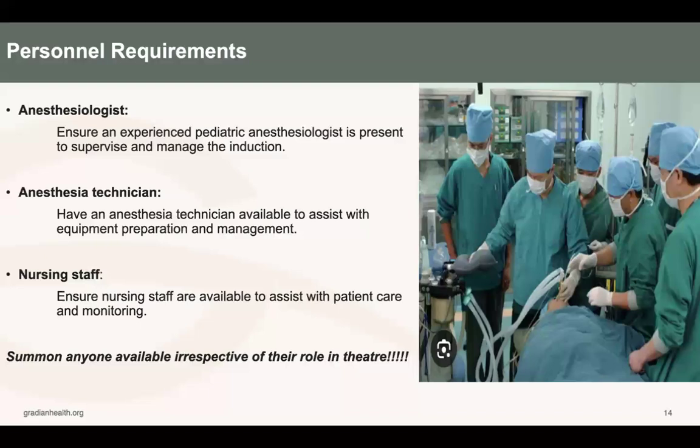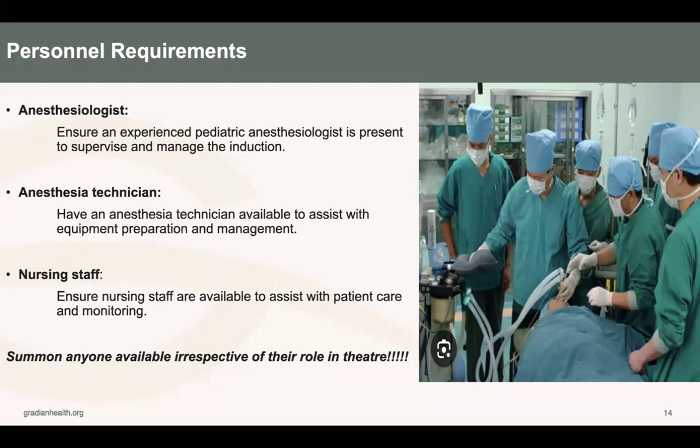Sometimes it's not that they will intervene; sometimes they're just there for supervision, to make sure that everything being done is correct. An anesthesiologist can't work alone. As you are pre-assessing a patient, you should have already given orders to your assistants to set the machine and make sure all the equipment is available in theater.